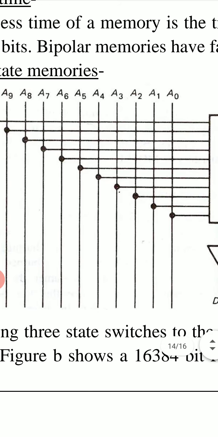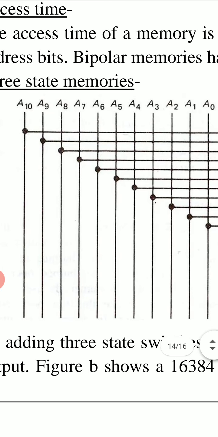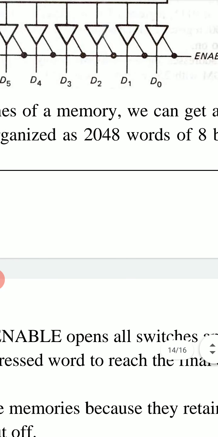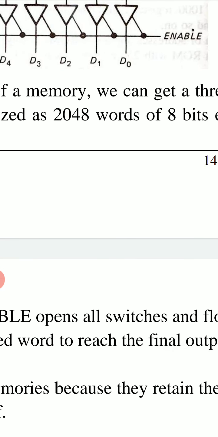So memory locations will be 2 to the power 11, and 2 to the power 11 is 2048, and each of these 2048 memory locations stores a word of 8 bits.